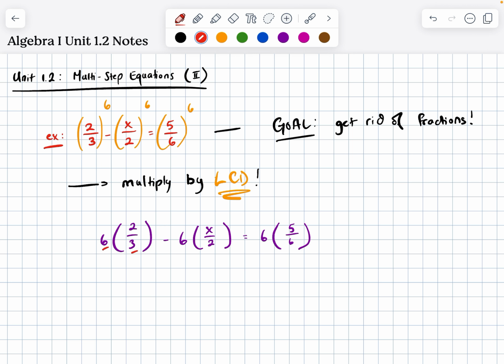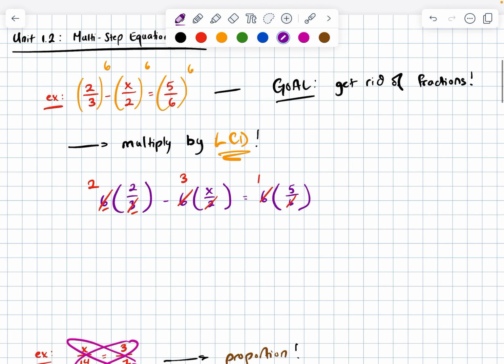So I've got a 6 being multiplied, and I'm dividing by 3. Well, 6 divided by 3 is 2. Same thing here, I've got a 6 and a division by 2. Well, 6 divided by 2, that's 3. And then here, 6 divided by 6 is 1.